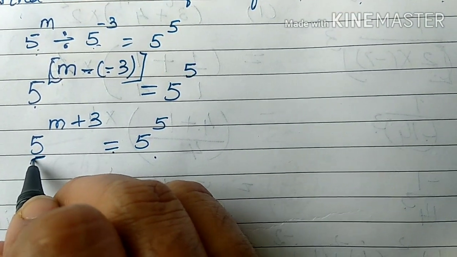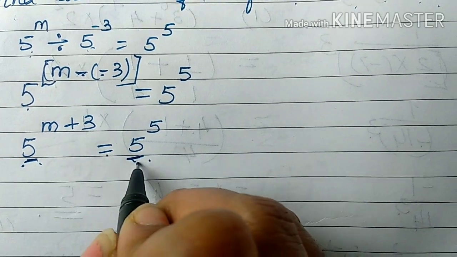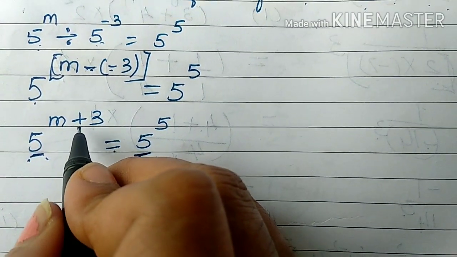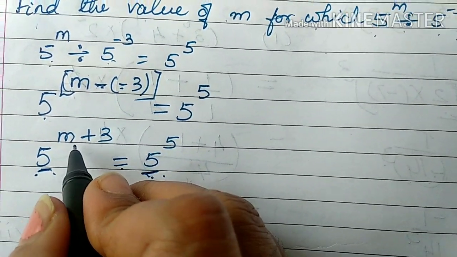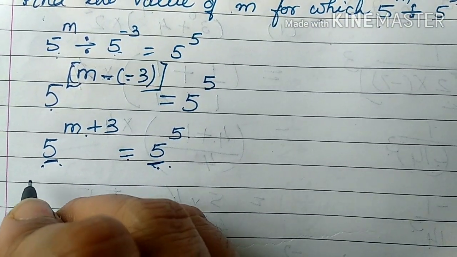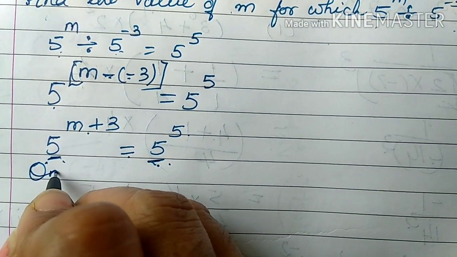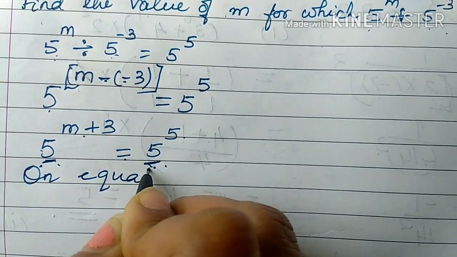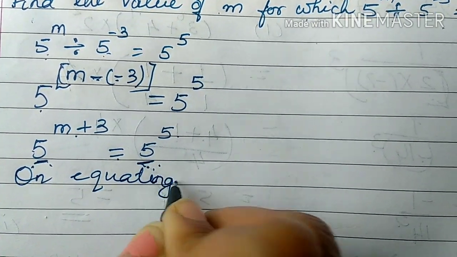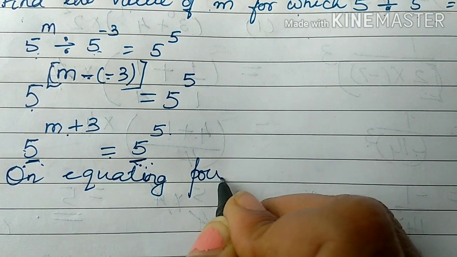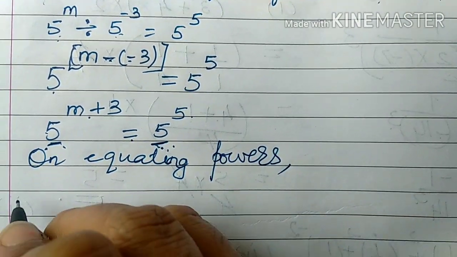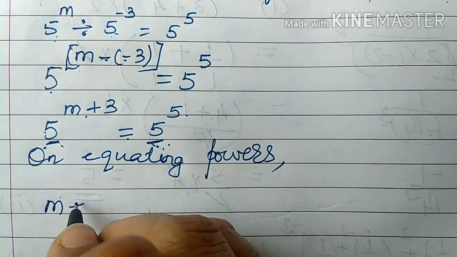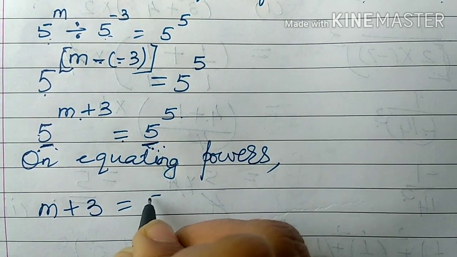Now you can see this is the left hand side, the right hand side, and the equality sign. So when the bases are same on both sides of the equality sign, we can equate the powers. On equating powers, what will we get? We'll get m plus 3 is equal to 5.